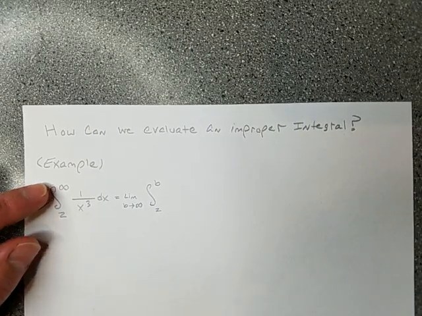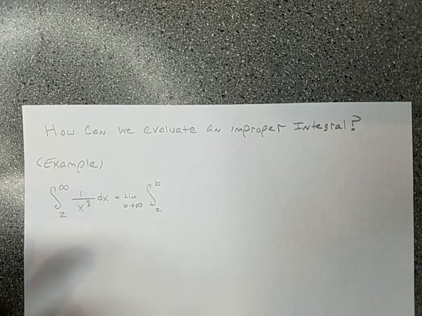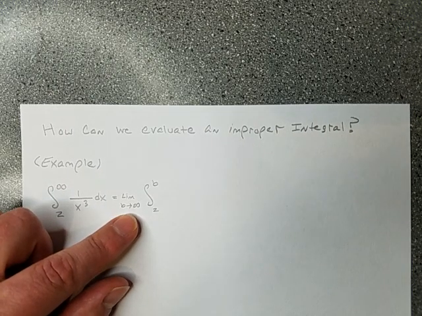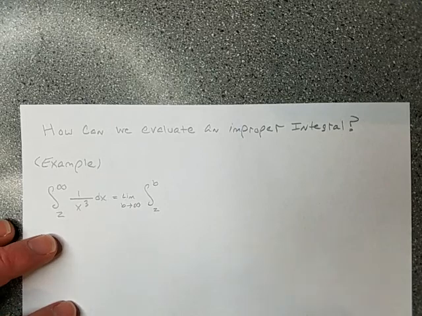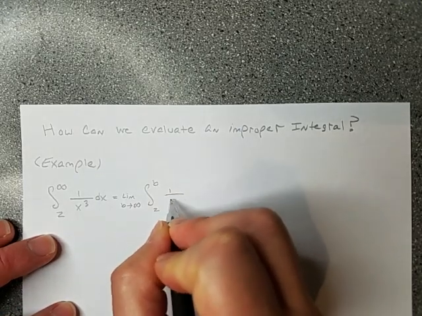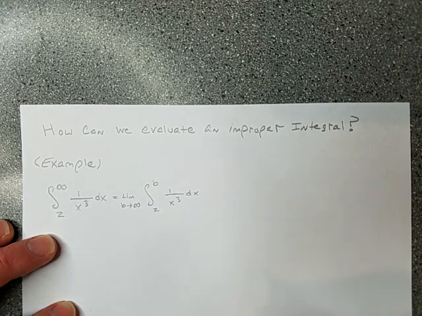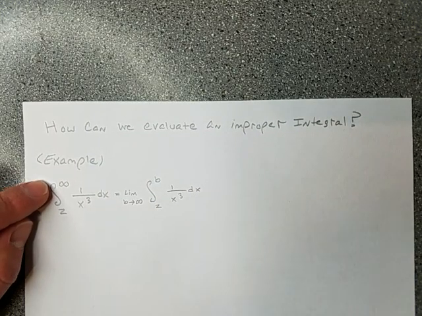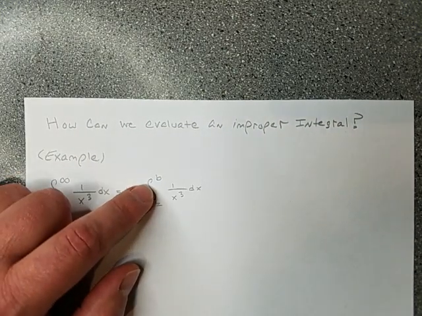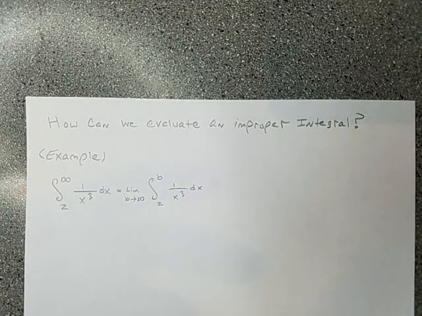Okay? Since I can't just plug infinity in, the most I can do is reach closer and closer to it. You can think of it like that. All right. So that's how I'm going to rephrase this integral. Basically, I just need to replace the infinity with a b. b is a number that I'm controlling. I'll push b to infinity.